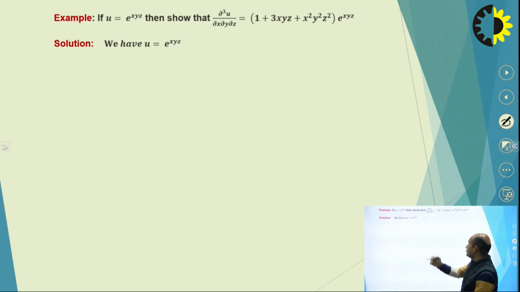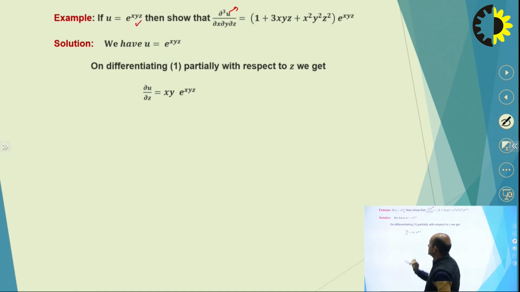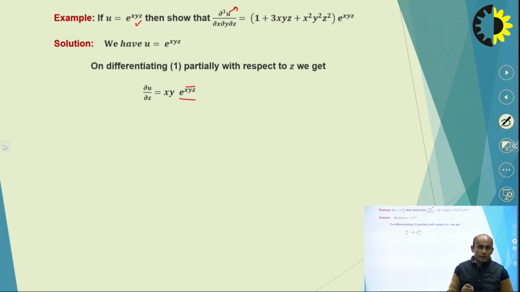So here we have to differentiate this function u with respect to x, y and z. First we differentiate with respect to z. We have an exponential function, so differentiation of the exponential will be as it is. But if we differentiate the product x, y and z with respect to z, then x and y will be constant.